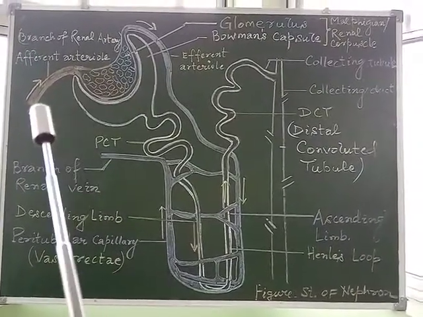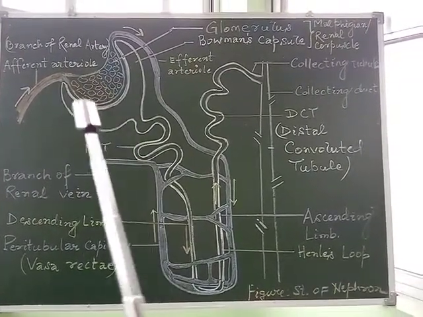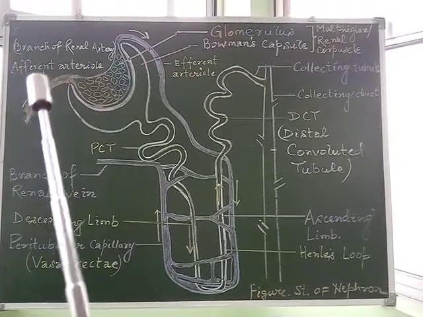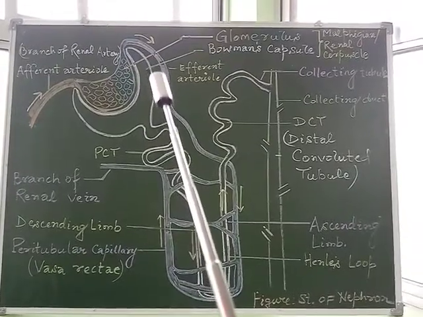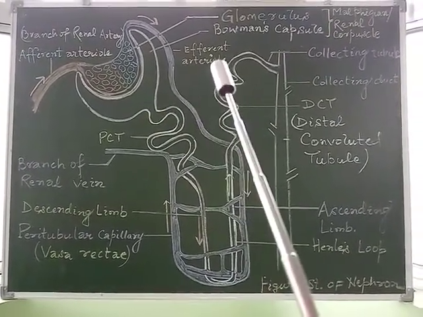Here we may observe that the blood vessel which enters the Bowman's capsule has more diameter and is called the afferent arteriole, whereas the blood vessel which emerges out from the Bowman's capsule is called the efferent arteriole.